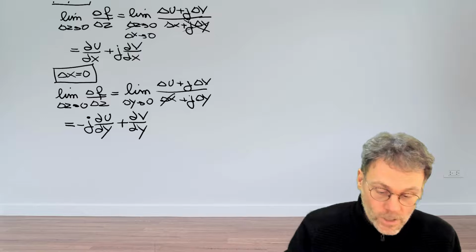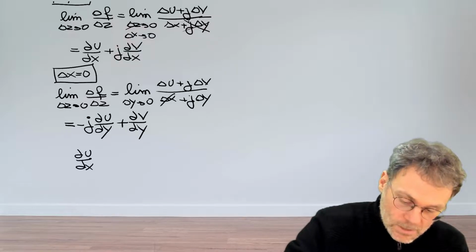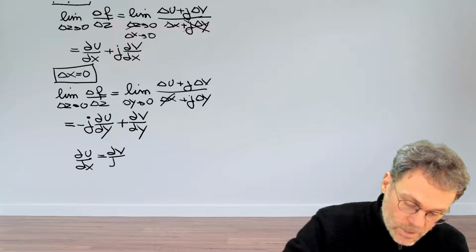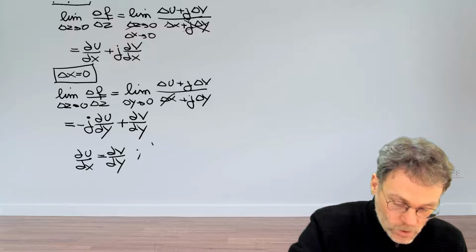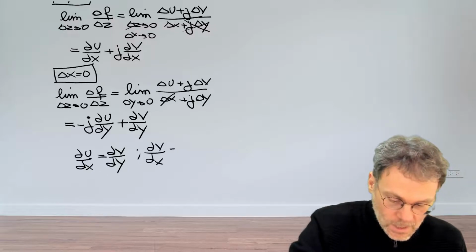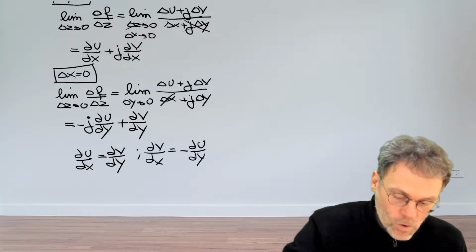So if we look at the real parts, we will see that we need to have that du/dx is equal to dv/dy. And if you look at the imaginary part, we should have that dv/dx is equal to minus du/dy.